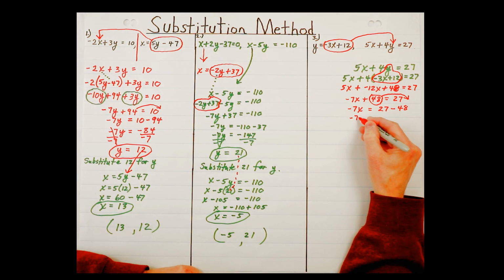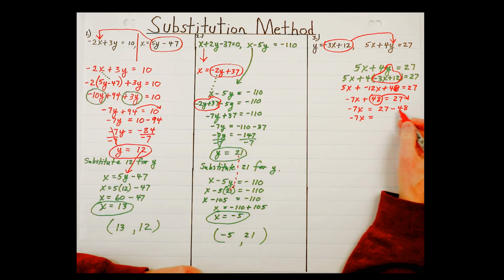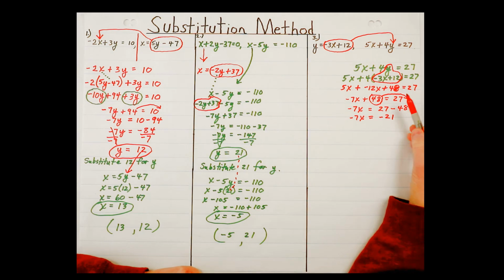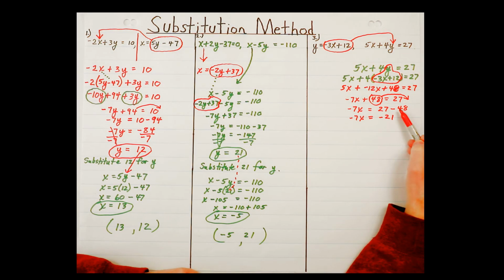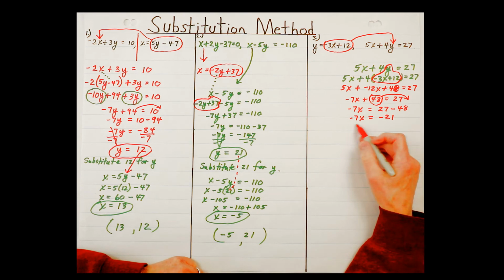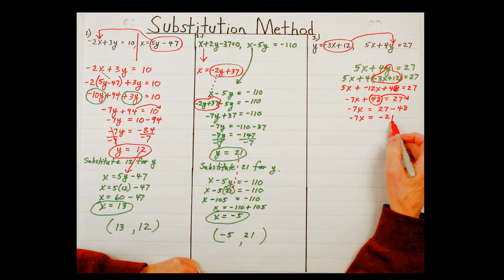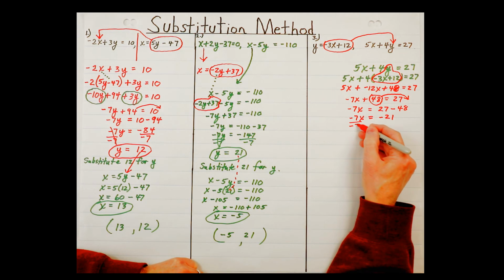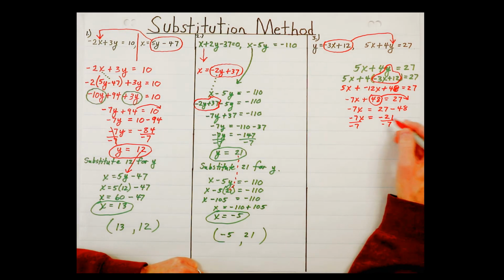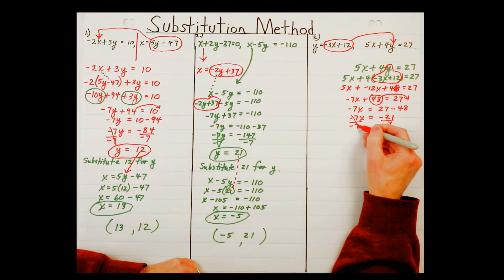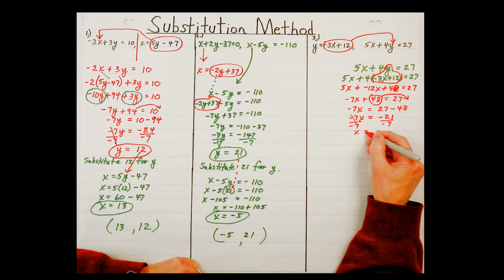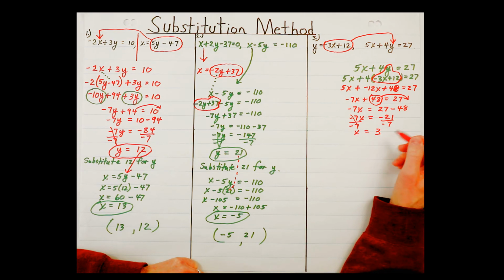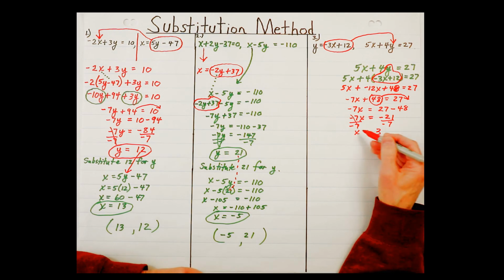So negative 7x is equal to, that looks like it's going to be negative 21. I think that's right. Yeah, negative 21. Our final step to find out the value of x is divide by negative 7. When you divide over here, you get x, or 1x, is equal to 3. There's our value of x.